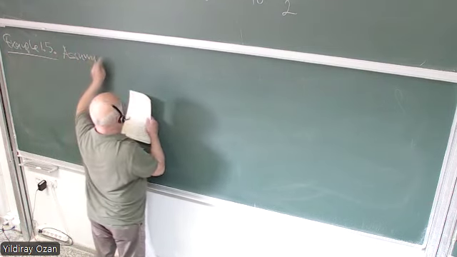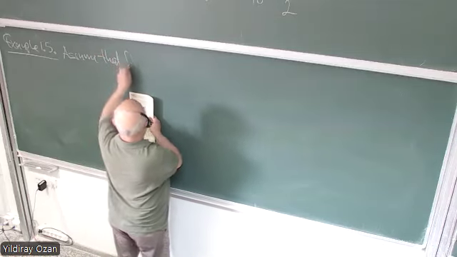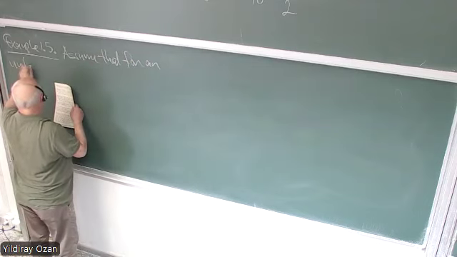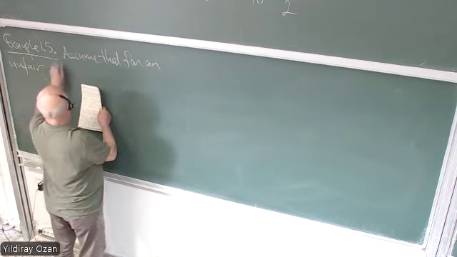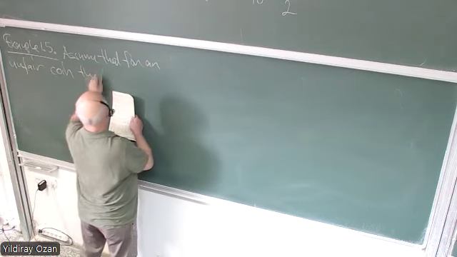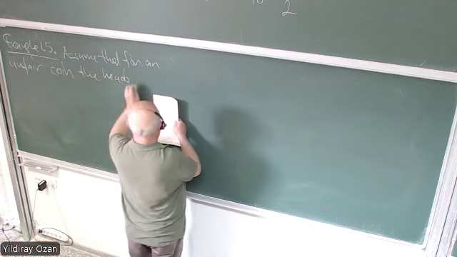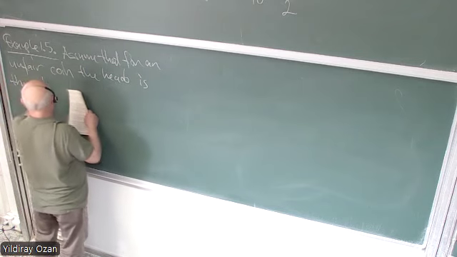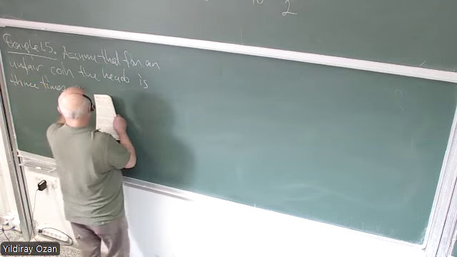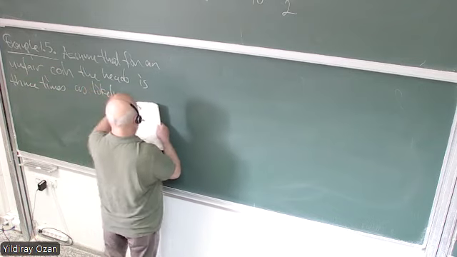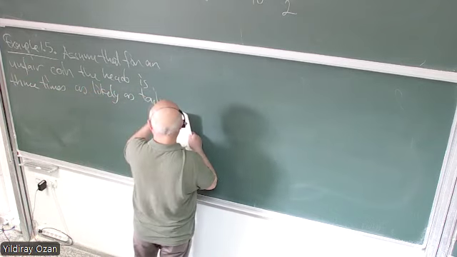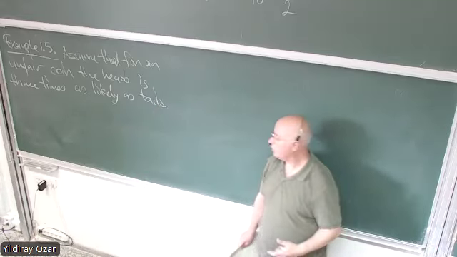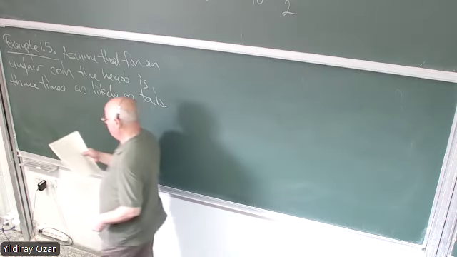Assume that for an unfair coin, yani hileli para, the heads is 3 times as likely as tails. So, yani tura gelme olasılığı yazı gelme olasılığından 3 kat fazlaymış.